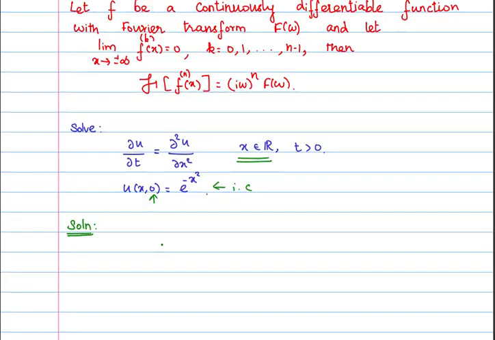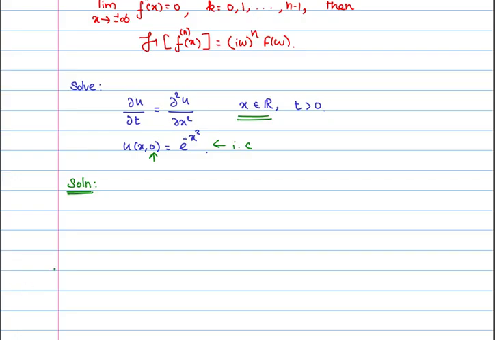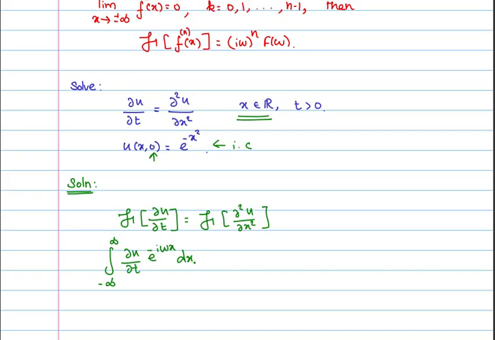First I want to apply the Fourier transform on both sides of the given differential equation. What will happen? Fourier transform of du by dt equals Fourier transform of d square u by dx square. What is the definition of Fourier transform? Integral from minus infinity to plus infinity of du by dt times exponential of minus i omega x dx.